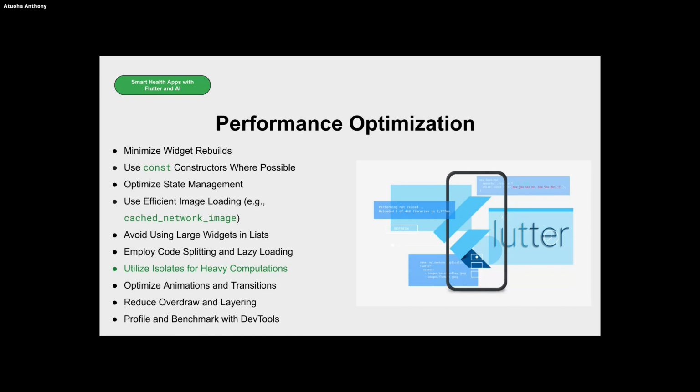So while you're building, you also need to consider some best practices or performance optimization practices like minimizing your widget builds, using const, caching your images, avoiding large widgets in lists, using list builders, code splitting, lazy loading, and a whole lot of this.